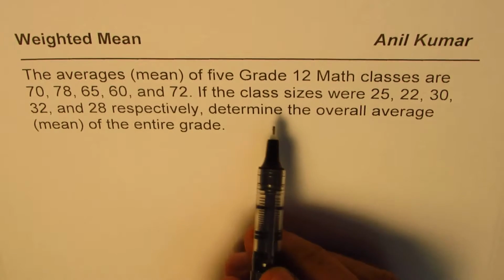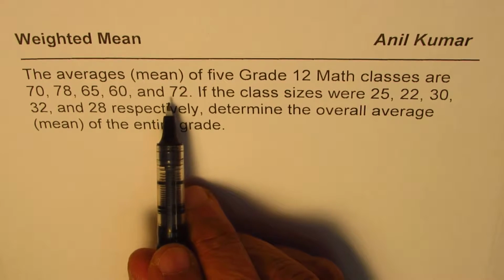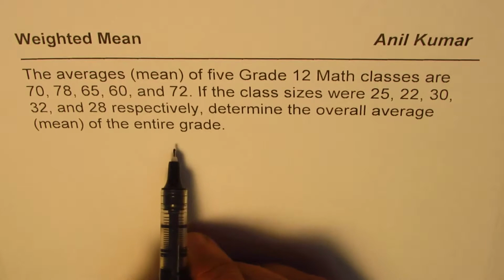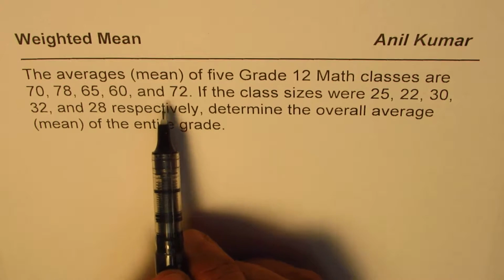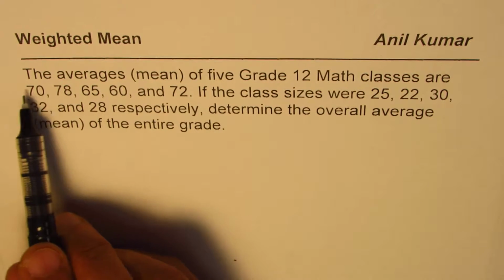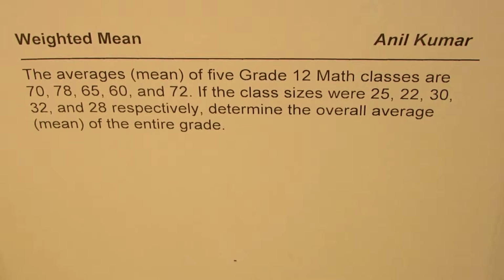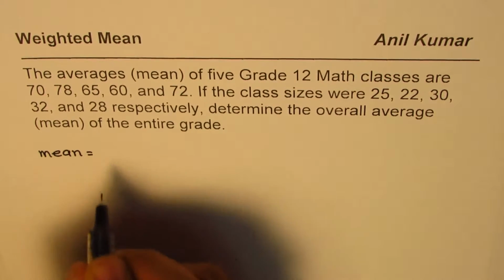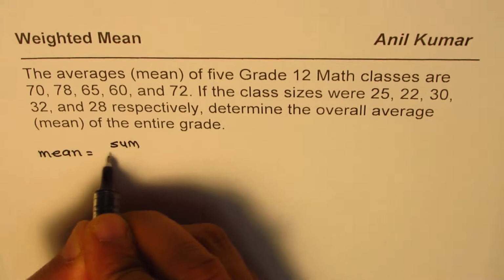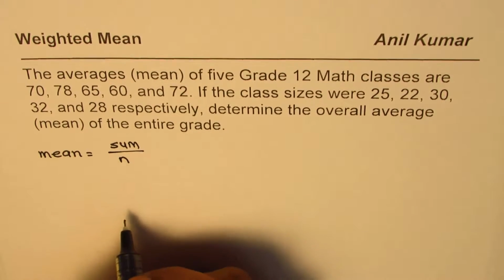Now here we are given different class sizes, and therefore to find the average we need to find what will be the sum of numbers for each class. Now how could you do that? What is mean? Mean is equal to sum total divided by the number of students.